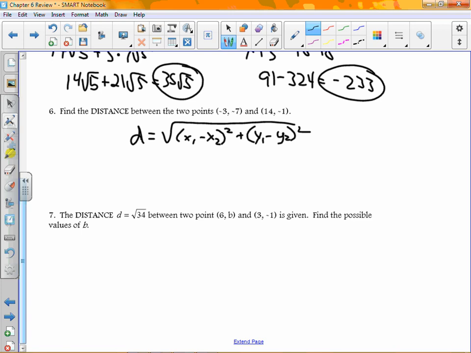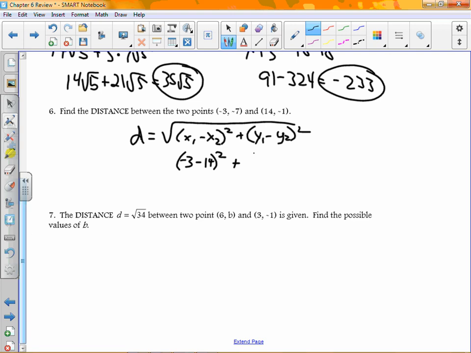What you got to notice is what number it is that it's asking you to find. We haven't seen a lot of this one right here. In this problem, you just take your x1 and your x2 and plug it in.